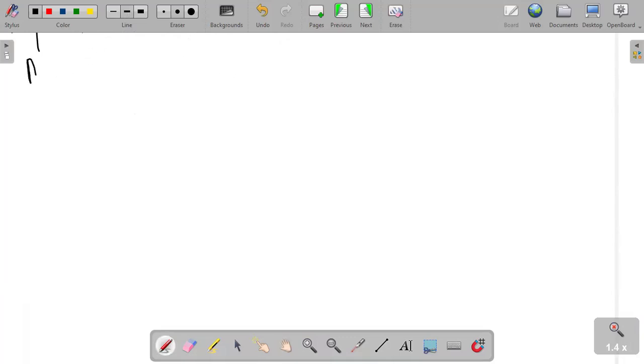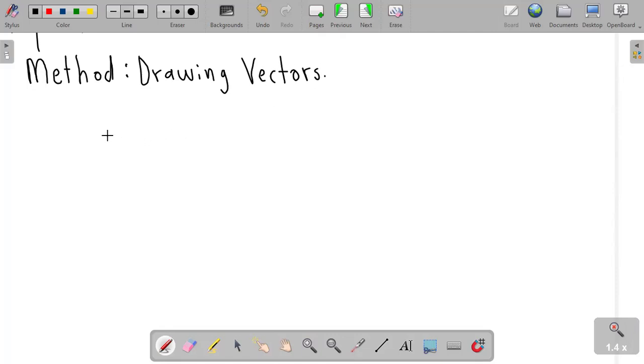So we have a method here that we use for drawing vectors.